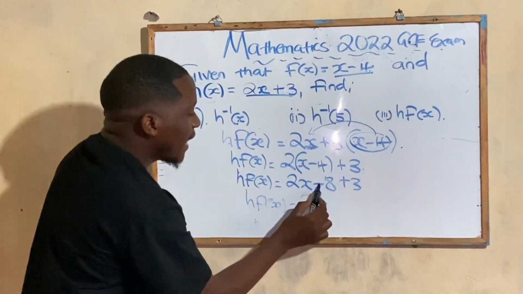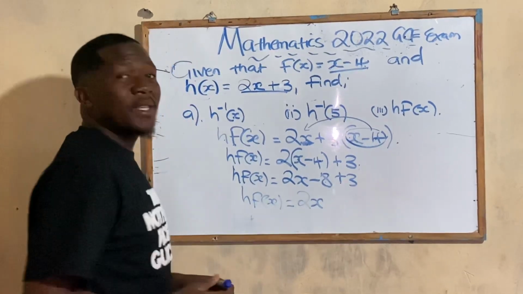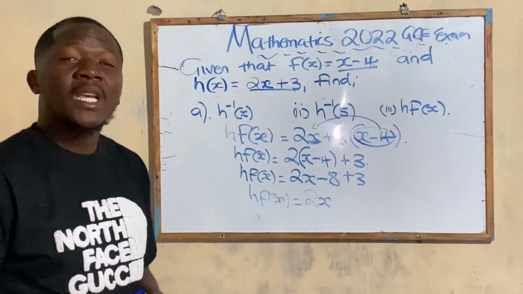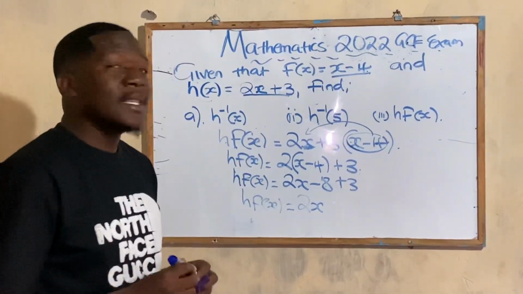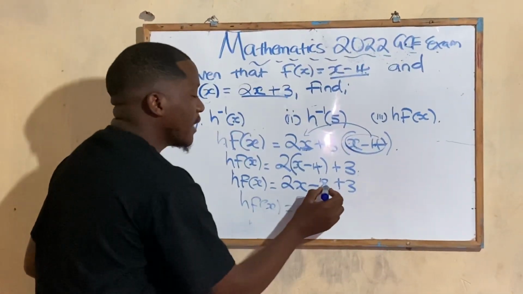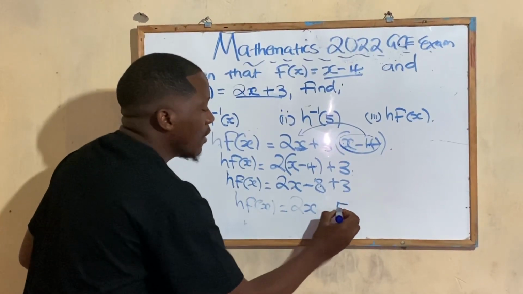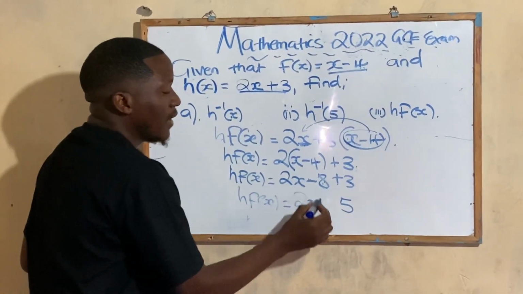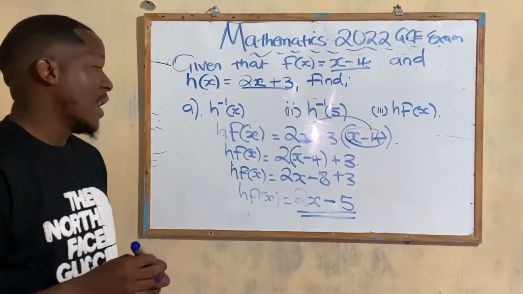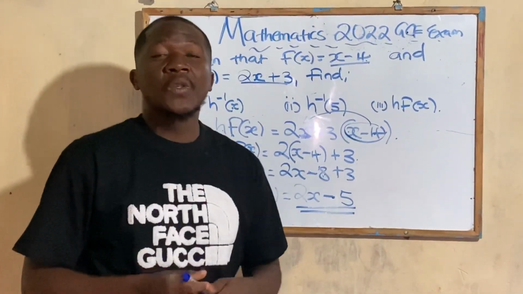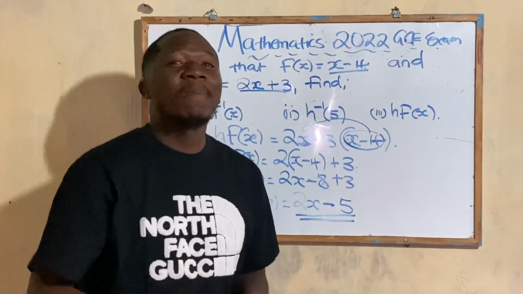But this is negative 8 plus 3, which means when signs are different, it is always automatic subtraction, and then you pick the sign from the bigger number. So this is 8 minus 3, which is going to give us 5, and 8 has the negative sign here, so this is our answer. hf of x equals 2x minus 5.